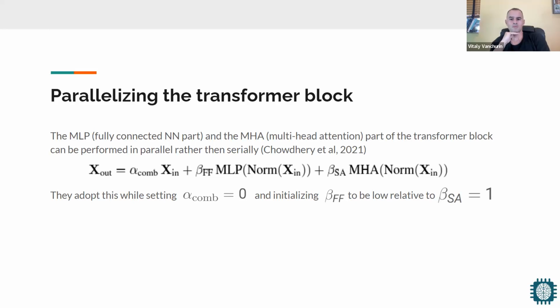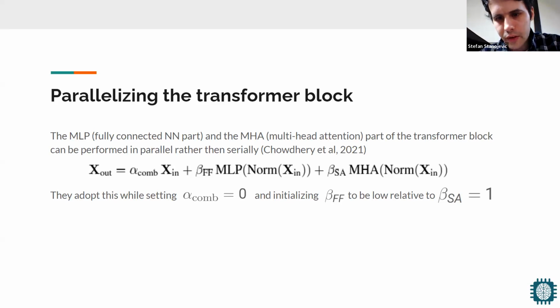Something to note is that this formula came originally from a paper where they parallelized the attention block. And in that paper, they also had the first term, which was essentially a skip connection. In the paper that we're talking about today, they got rid of that.